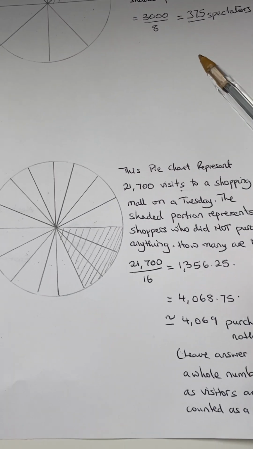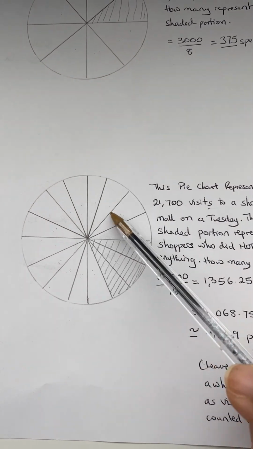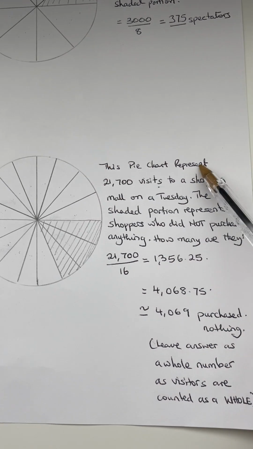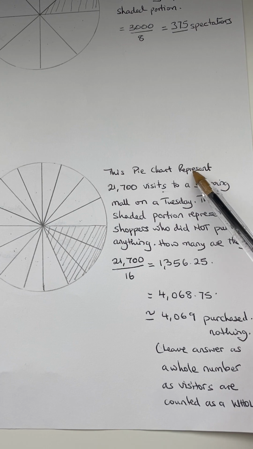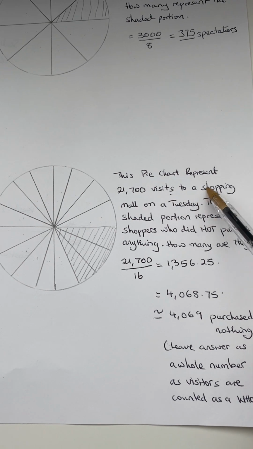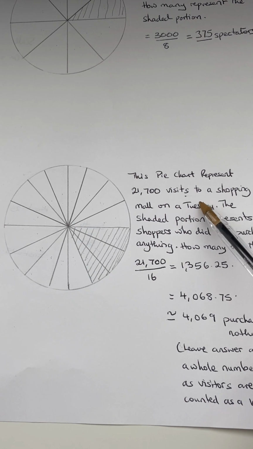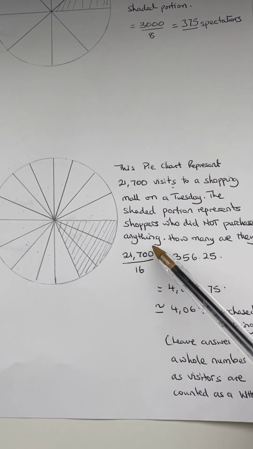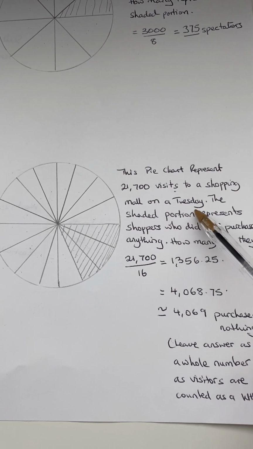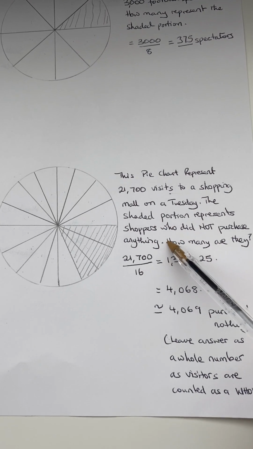These are simple things you need to know about pie charts, because by knowing this, it makes it easier for you to interpret. Okay, this pie chart represents 21,700 visits to a shopping mall on a Tuesday. So they realized that on Tuesday, this is the amount of visitors they get. The shaded portion represents shoppers who did not purchase anything.